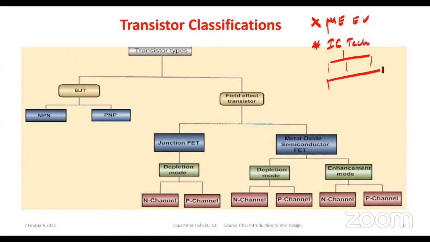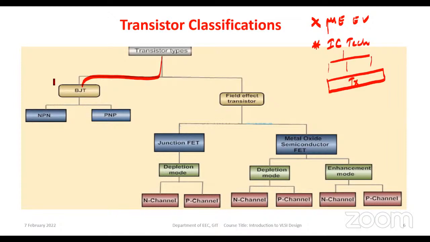But whatever the case, for all these classifications, the transistor is the most important component. So what are the different types of transistors in the market, and where do we need to focus for better device manufacturing?